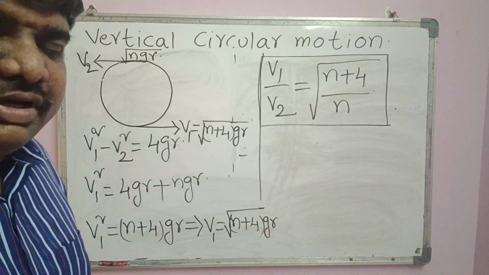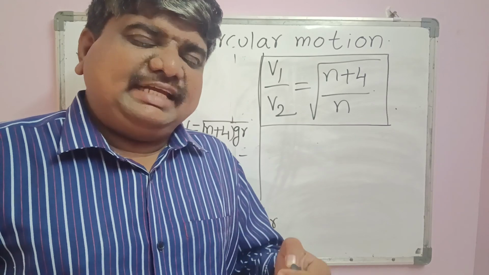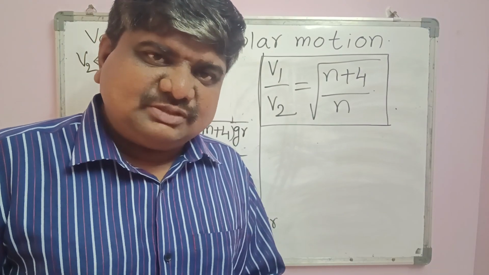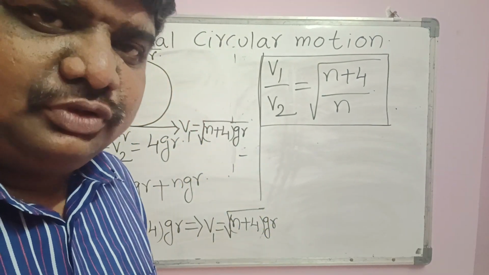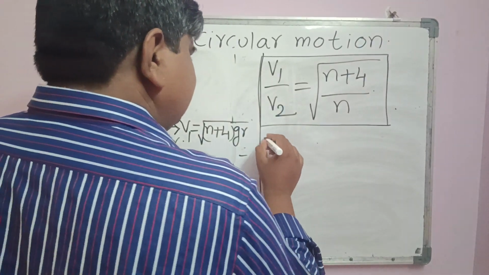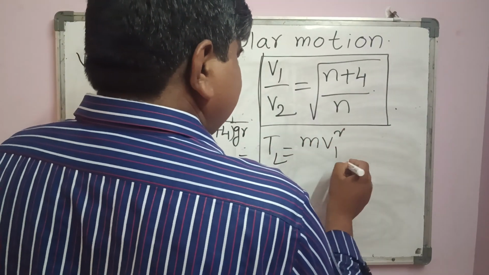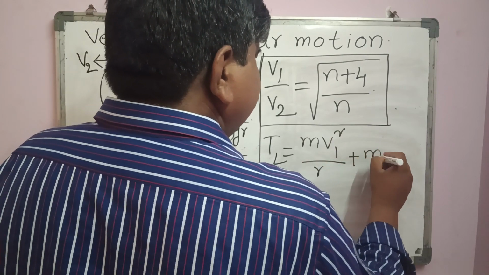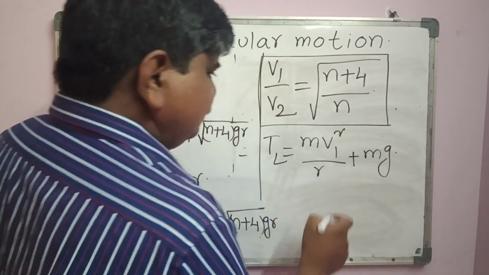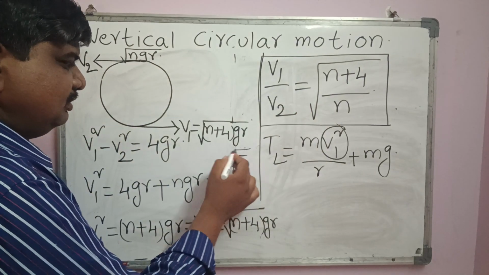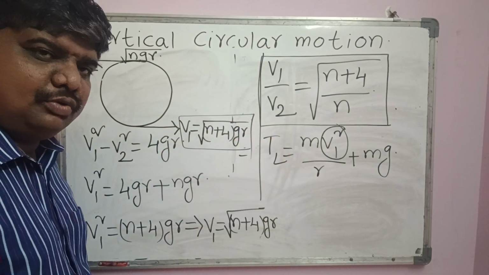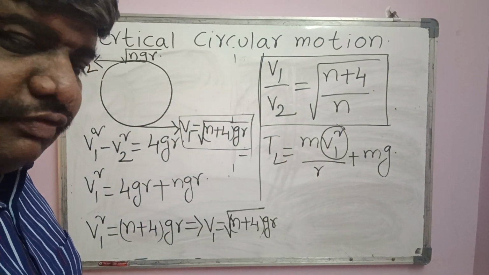In the same way, you can find out the ratio of the tensional forces also from lowest position to highest position. So tension at the lowest position is mv1 square by r plus mg, where v1 square is root over n plus 4 gr whole square.